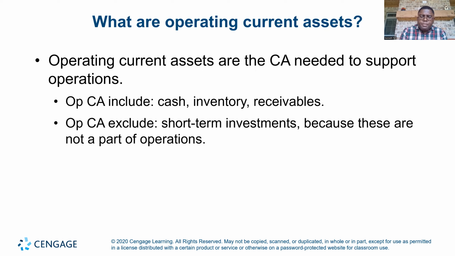If we go back to that diagram, we realize that net operating working capital is equivalent to operating current assets minus operating current liabilities. Operating current assets are current assets that are needed to support operations. So they include things like cash, inventory, receivables, and they exclude items like short-term investments because these are not part of operation.